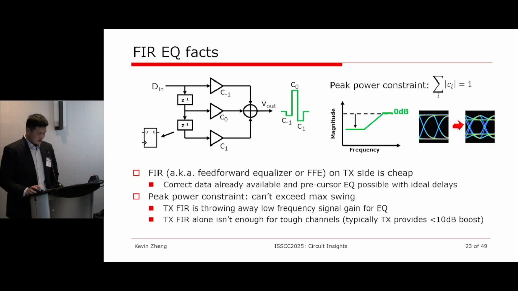So as you can see now, I cannot arbitrarily make the eye smaller, right? Because the smaller it is, it will be smaller coming out of the other side. So typically, TX-FIR alone isn't enough for very challenging channels. A good rule of thumb is we typically constrain the equalization strength to within 10 dB on the TX side.